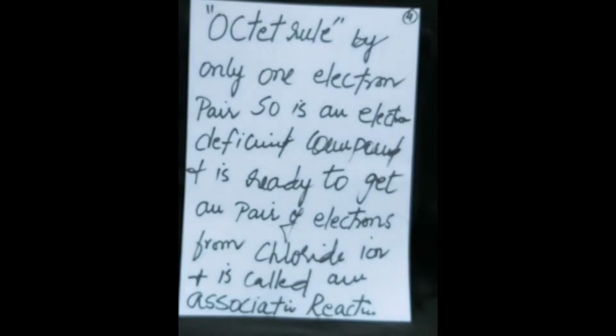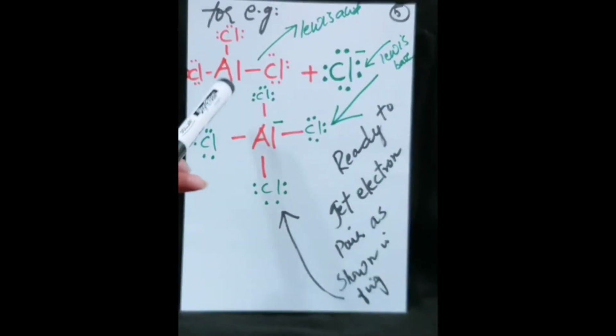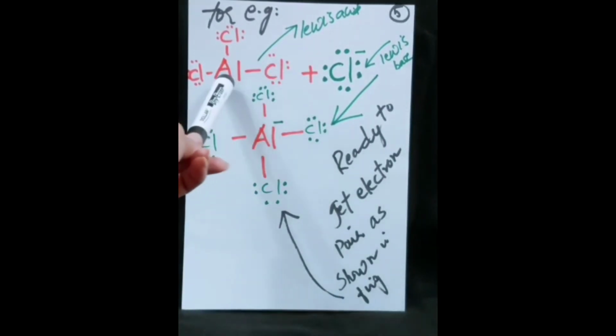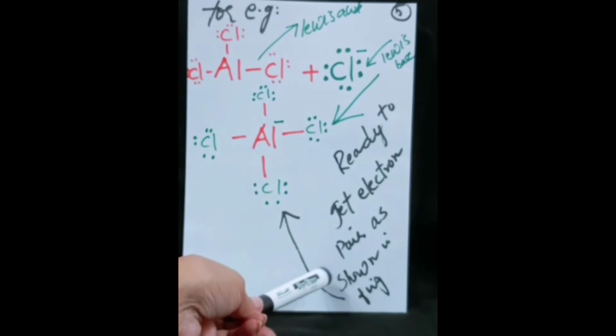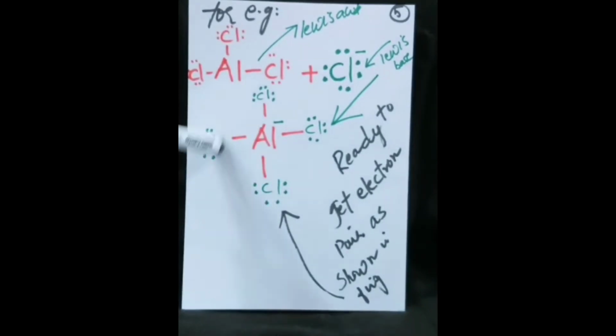It is deficient of only one electron pair. This is the Lewis acid, and of course this chloride ion is acting as a Lewis base, so it is ready to donate an electron pair as shown here, and it becomes this compound. You can see now all the chlorine atoms are obeying the octet. Their octet is fulfilled.